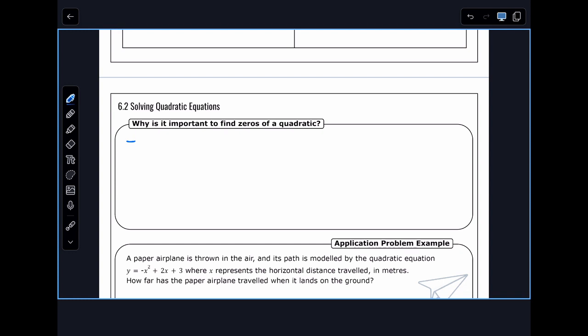So for here, just to give you 2 examples that we've worked with in class, the first situation that can be modeled by a parabola is the arc of a projectile. So in this case, a projectile can be like a basketball.